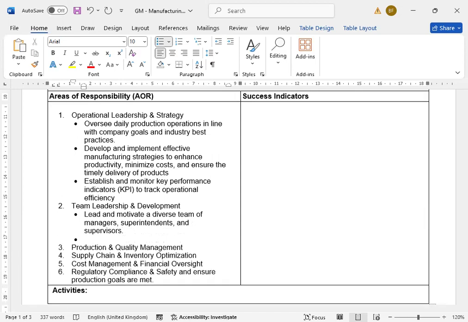Next would be foster a culture of accountability. Very important. The general manager will be accountable for all the assets, all the resources: manpower resources, material resources, money and financial resources.